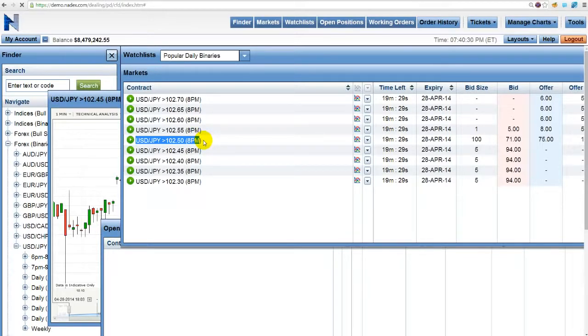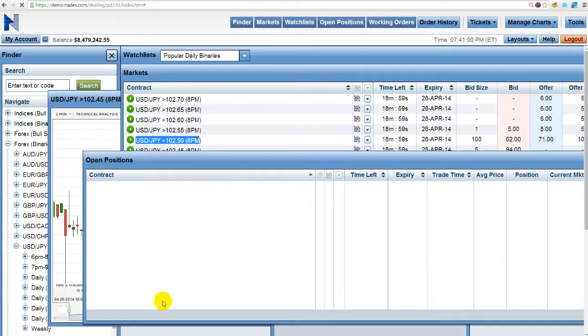That means that US yen will not be greater than 102.50 at 8 p.m. So if the US yen expired at 102.50, was I profitable if I bought, or was I profitable if I sold? What if it expired right at 102.50?